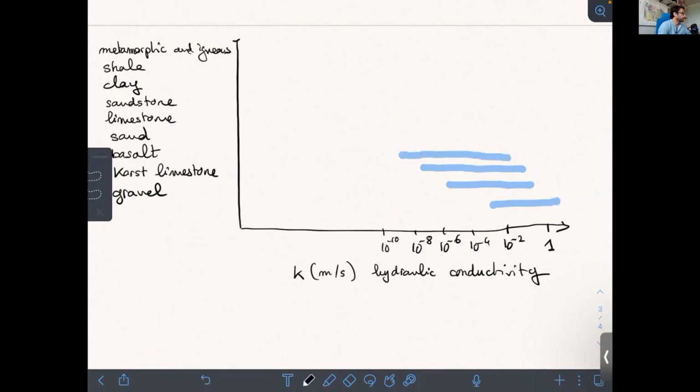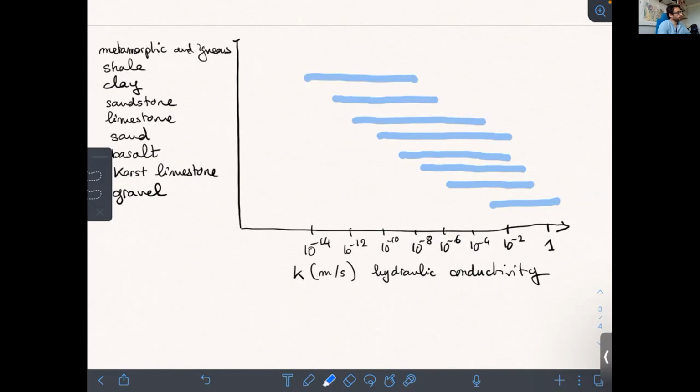For limestone, like this. Sandstone is also a little bit less, like a factor 10 or 100. And then we go to clay and shale, which are the less permeable.